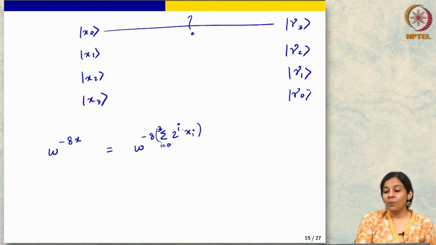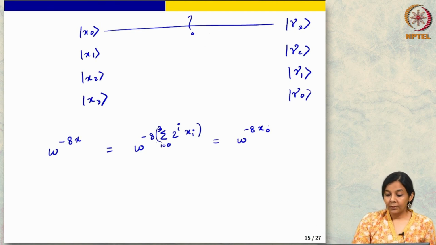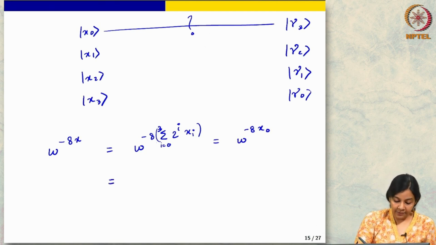For i equal to 1, it is 2 times x1, and 8 times 2 is 16. So the whole thing dies. So this is nothing but omega to the minus 8 x0. And this I claim can further be simplified to minus 1 to the x0.